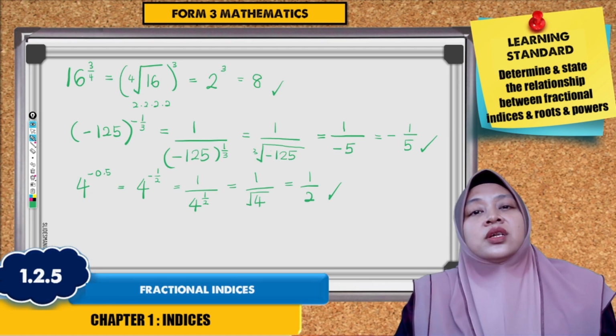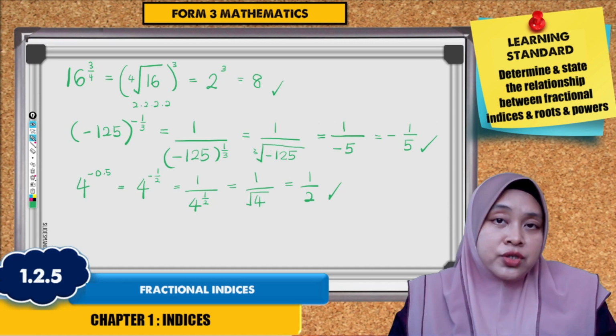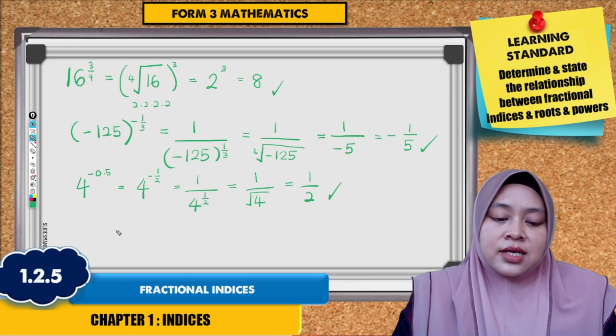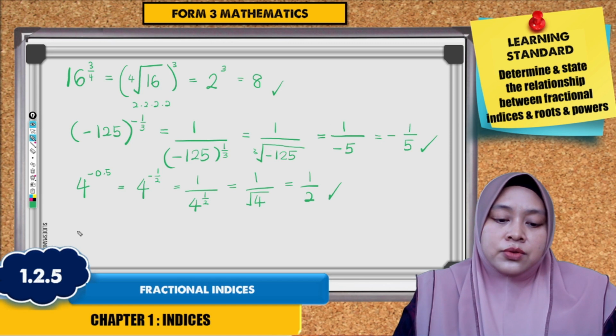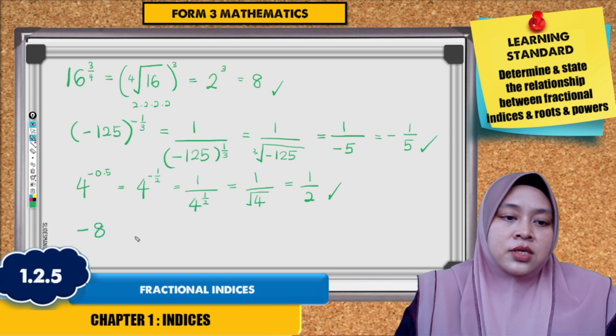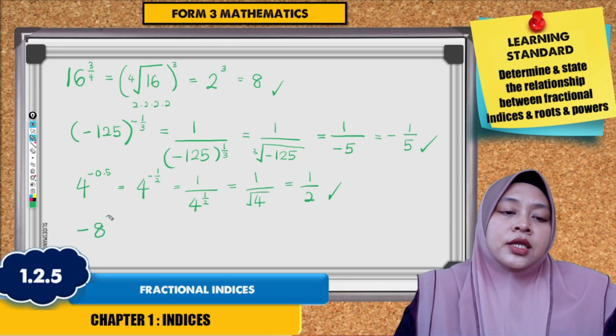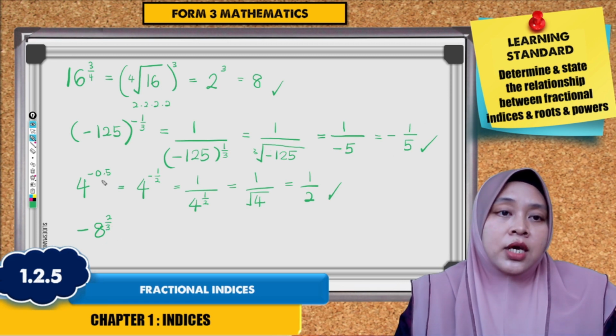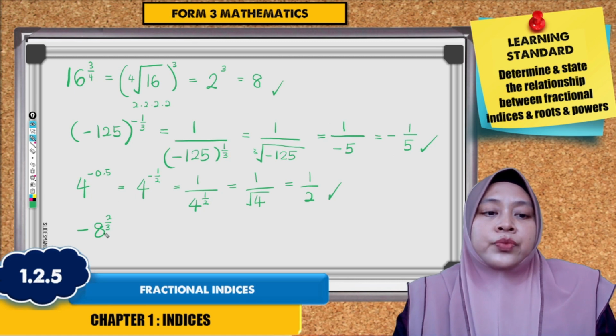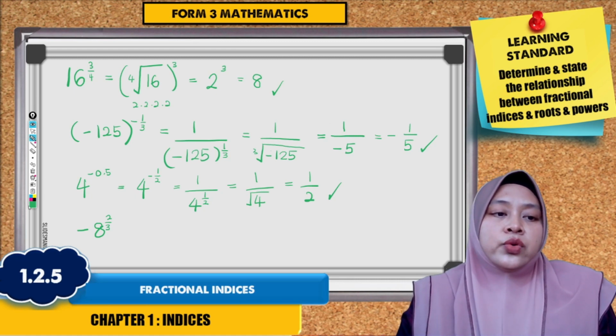The final one that I want to show you today for this lesson, I hope you will understand this part clearly. Negative 8 to the power of 2 third. What is the main difference between this and this?